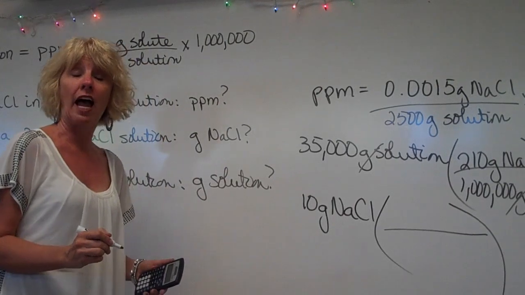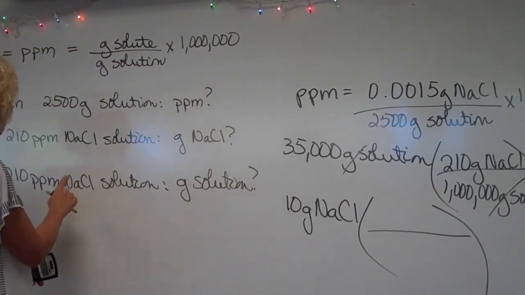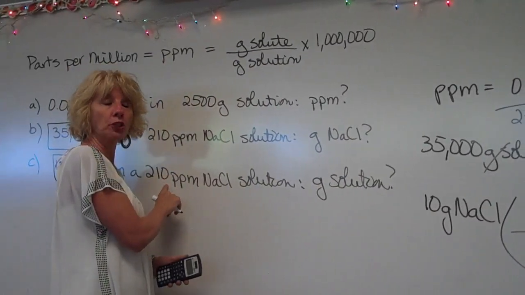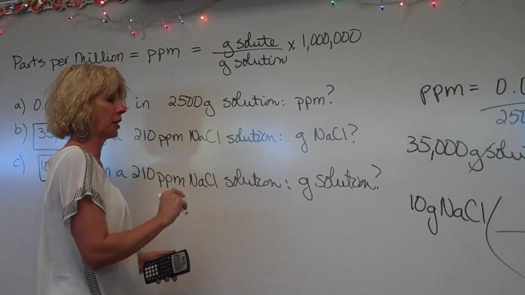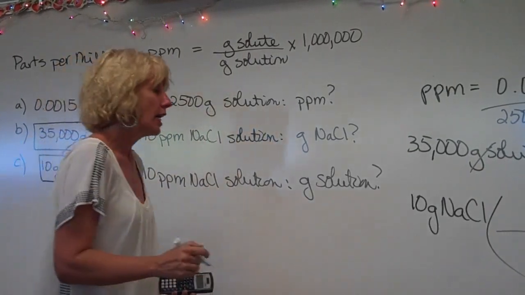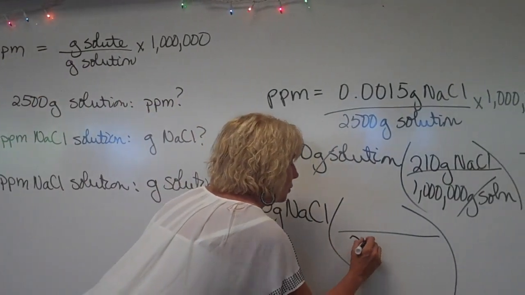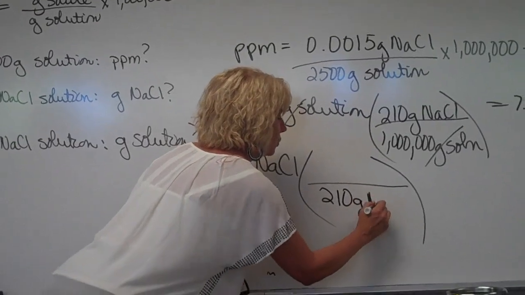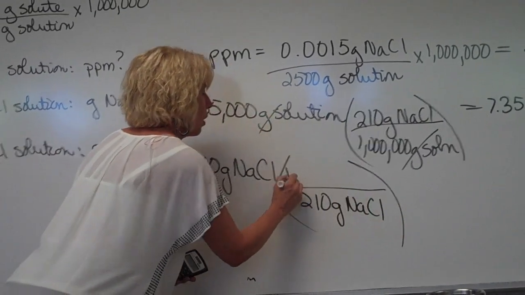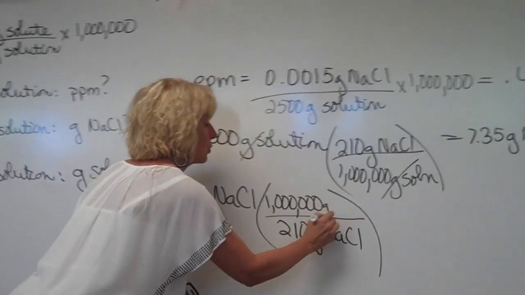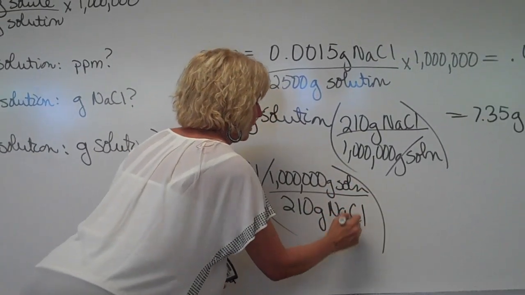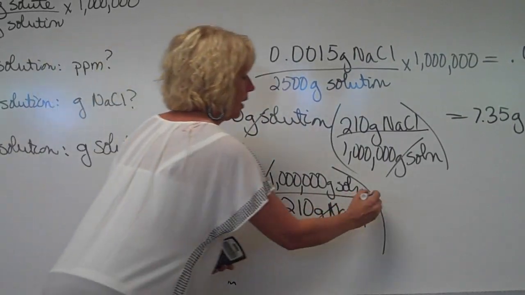So it cancels out. It is a 210 parts per million salt solution. What does that mean? It means I have 210 grams of salt in 1,000,000 grams of solution. Grams of salt cancels out.